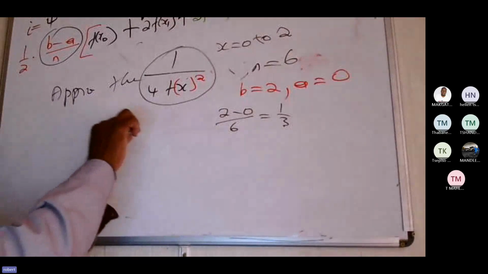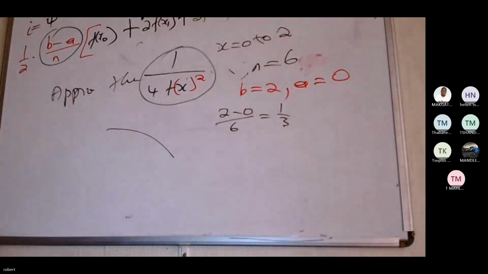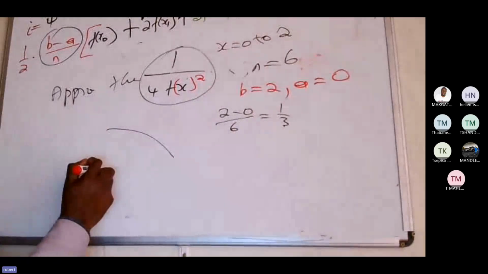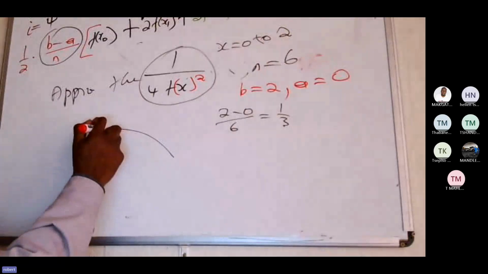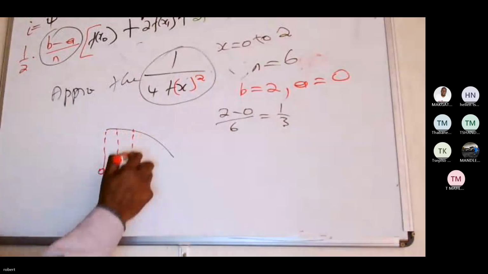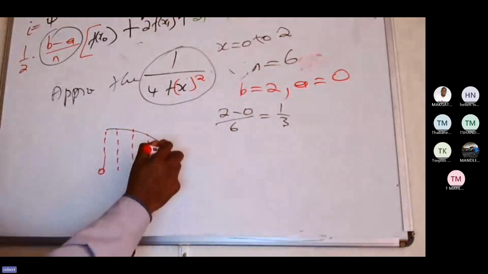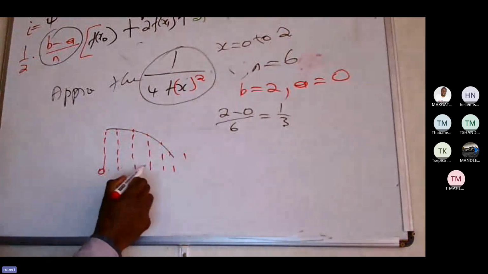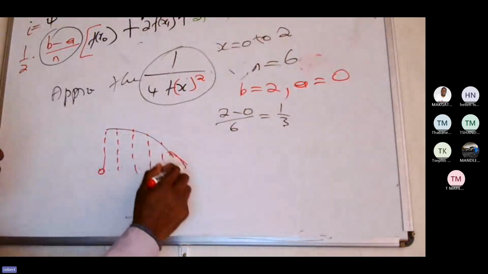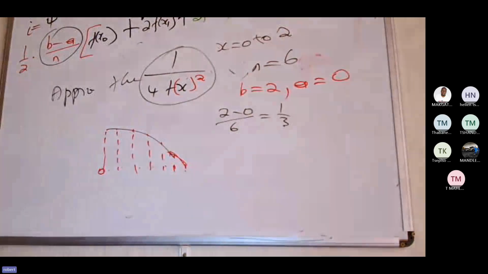Here x is 0, and we have partitioned this into 6 equal parts: 1, 2, 3, 4, 5, 6.